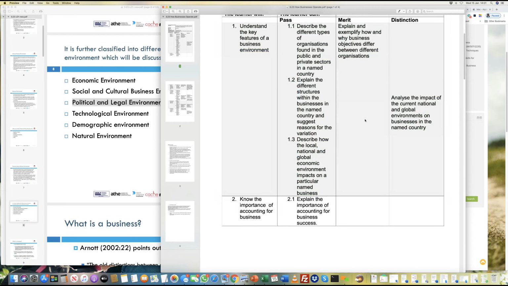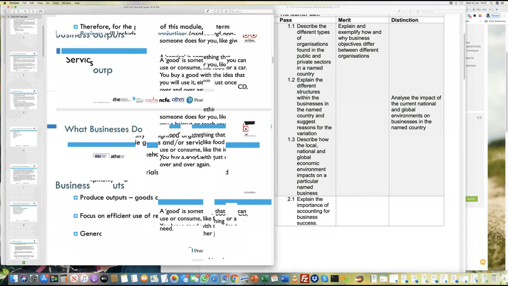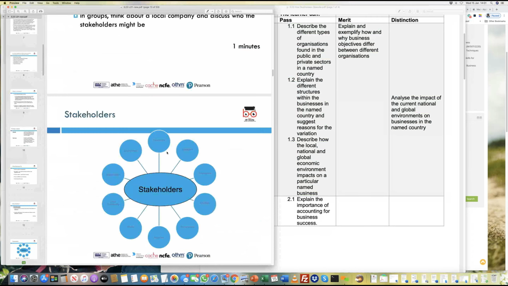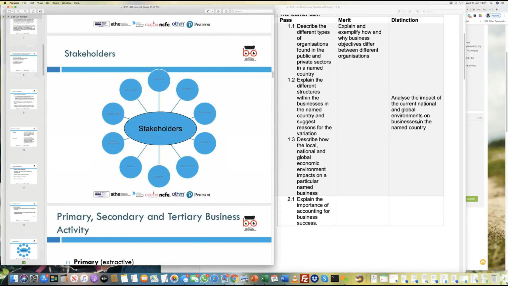Now, with this first learning outcome, we are going to stop here in terms of our discussion, because we've covered pretty much 1.1, 1.2, 1.3, 1M1, and also the current and global impact for a named country. I've taken a lot of examples of Brexit and how it affects businesses.